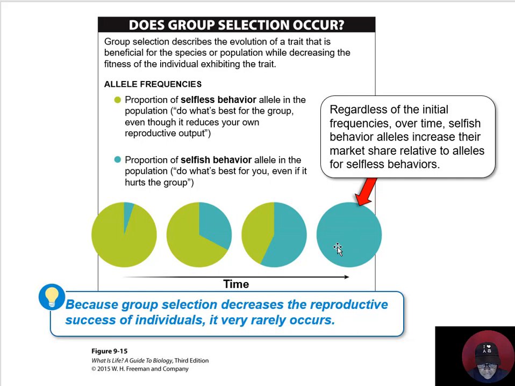Remember that term? Fixation of the selfish behavior allele in the population. So regardless of the initial frequencies over time, selfish behavior alleles increase their market share relative to alleles for selfless behavior. And because group selection decreases the reproductive success of individuals, it actually very rarely occurs.